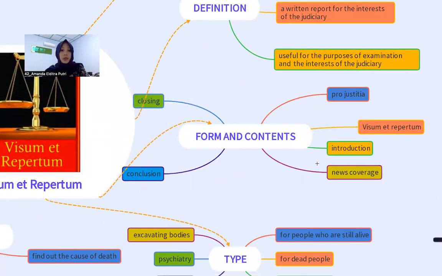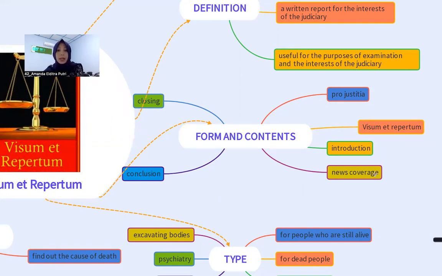Next, form and content. The composition of the Visum et Repertum is: 1. Pro Justitia, to fulfill judiciary requirements. 2. Visum et Repertum, stating the type and evidence. 3. Introduction, containing the identity of the doctor who produced it. 4.